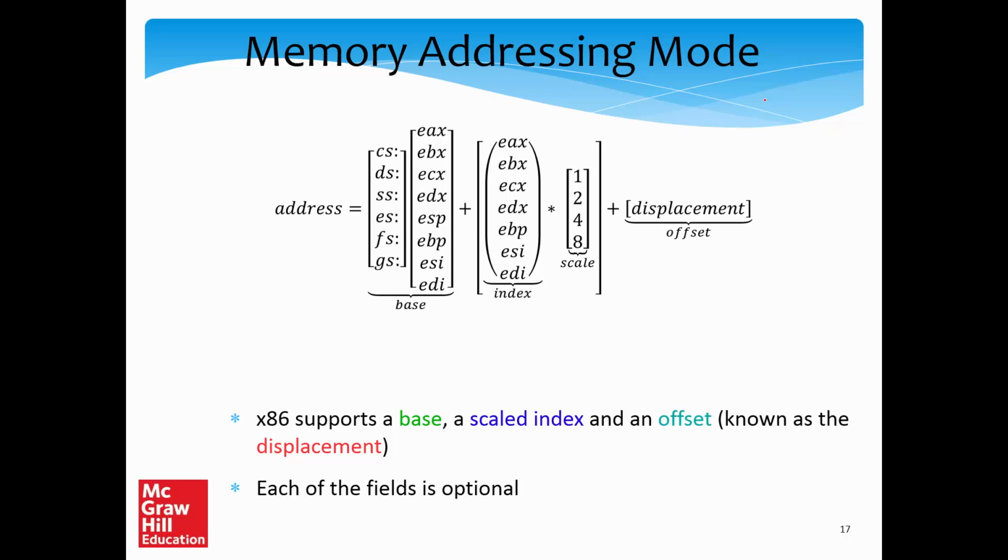Alright, so x86 addressing modes, given that it's a CISC instruction set, are also somewhat complicated. It is very important for us to get a general idea of what the addressing mode looks like before we move forward.